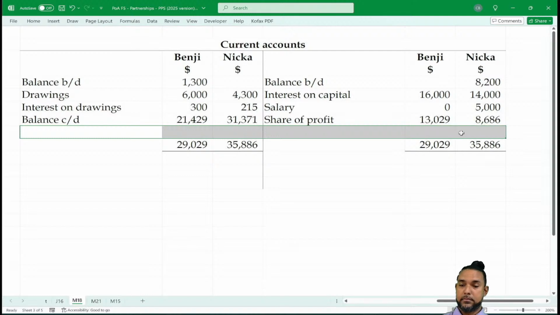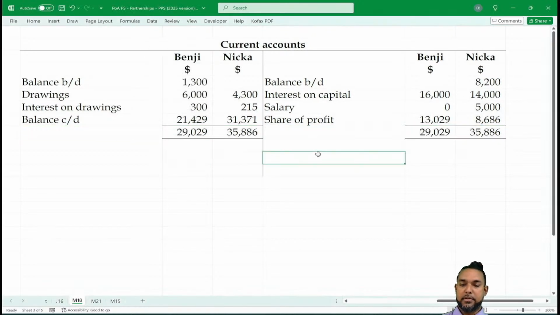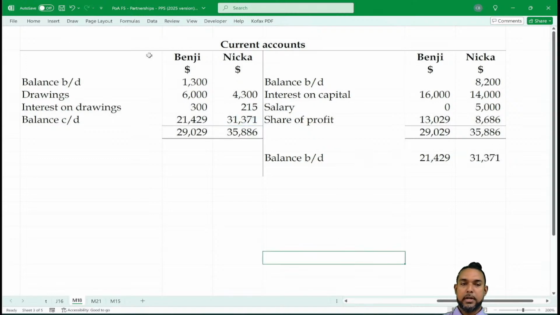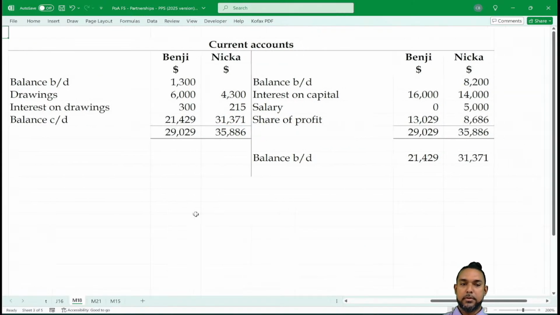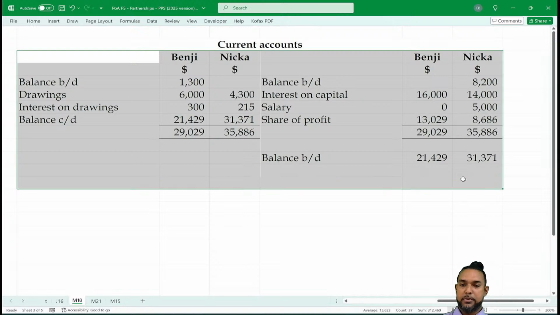Okay. Then just bring your balance down here. That is, I guess what you call joint current accounts.